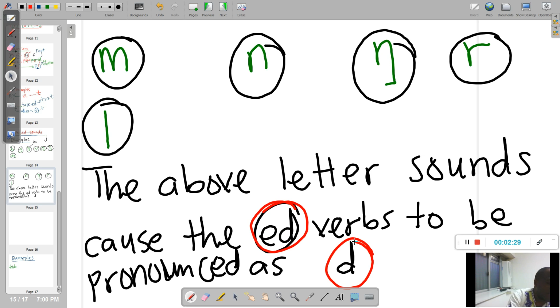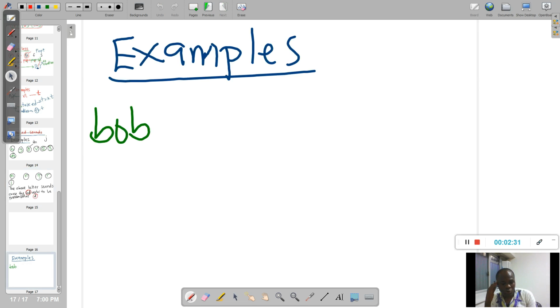And we're going to have a look at an example. Because of our time, we'll be looking at only one example so that we can bring our video to an end. If you look at this example that I've written there, this word is pronounced bob.